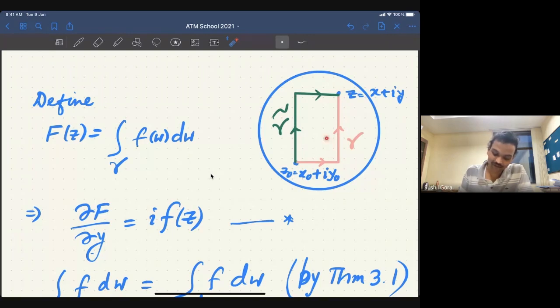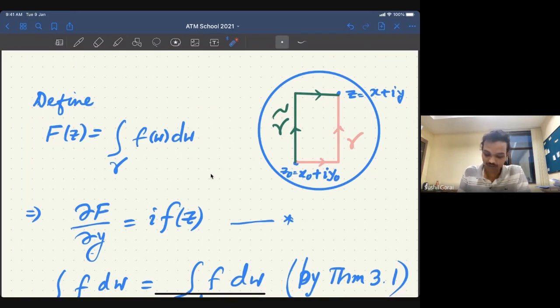Here, for the drawing purposes, I have taken this horizontal and vertical to get one rectangle. You might get multiple rectangles. Then the integral over the boundary of each rectangle will be 0. So what is really important is that the last one would be horizontal and one would be vertical.